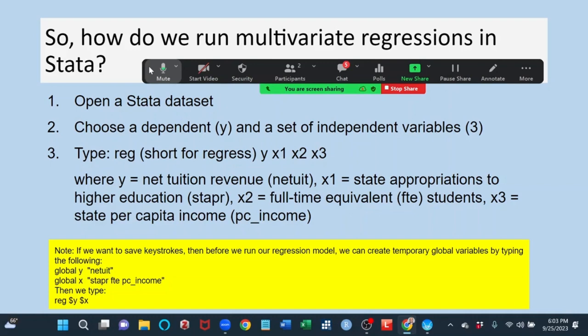You type in global Y, and then within quotation marks, you put in whatever your Y is, your dependent variable, and then global X, and you can put in several independent variables in here, right? They have to be spaced, right? And they have to be contained within these quotes. And then you can type reg $Y, $X. They'll give you the same result. And you save keystrokes.